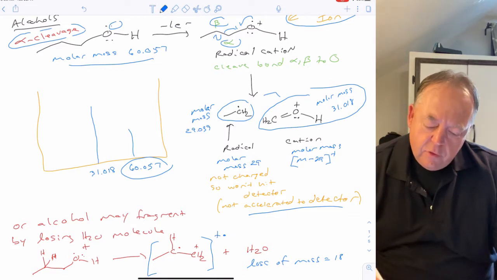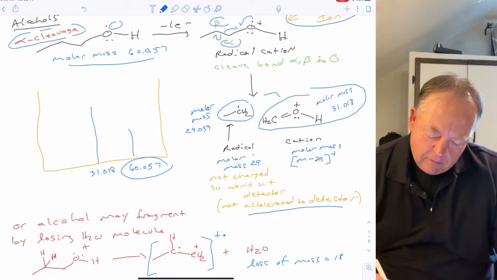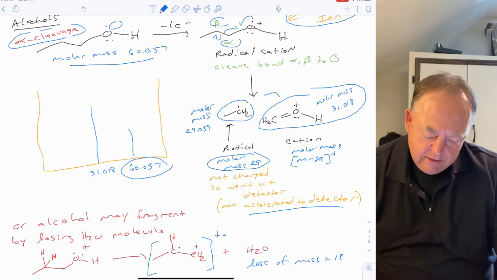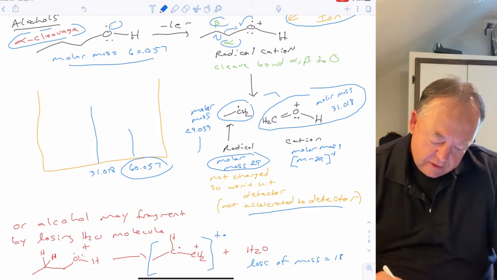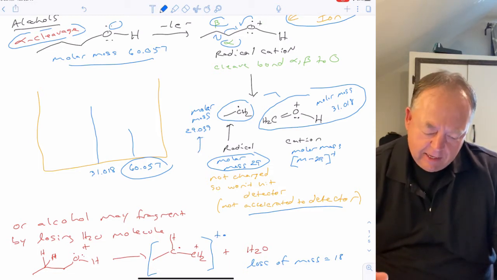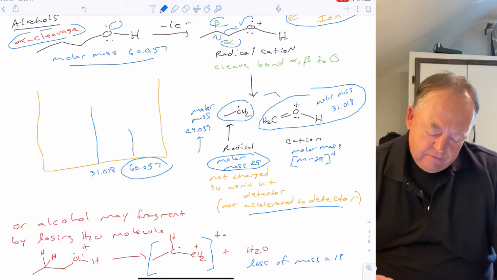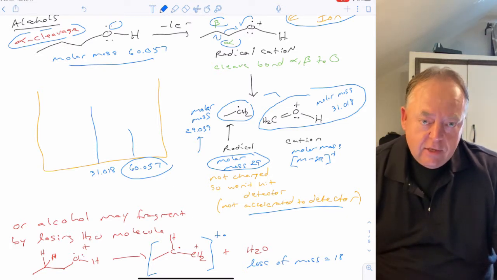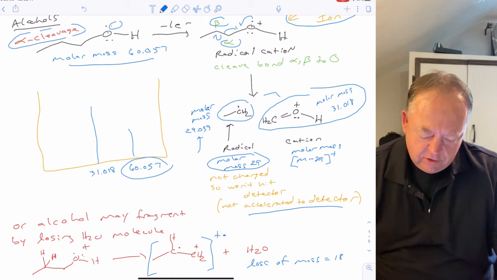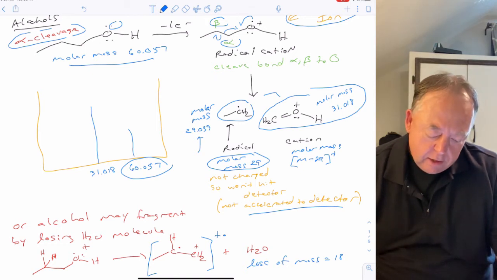And then if the ethyl group fragments off, the molar mass of ethyl is 29, or more specifically, if you're using exact masses of the major isotopes, carbon-12 and hydrogen-1, then you get 29.039.